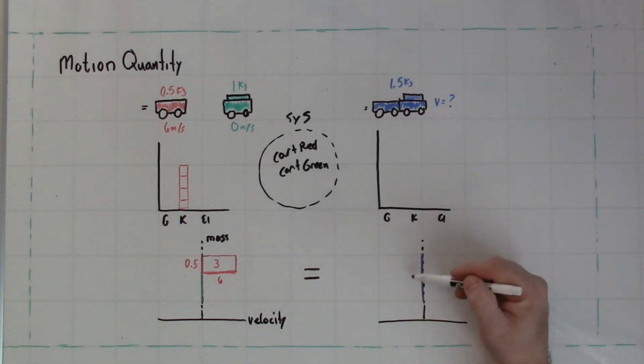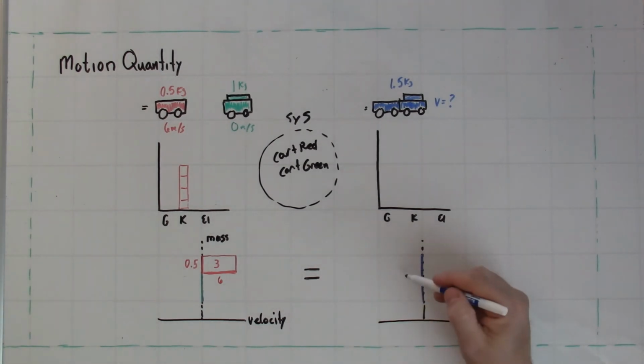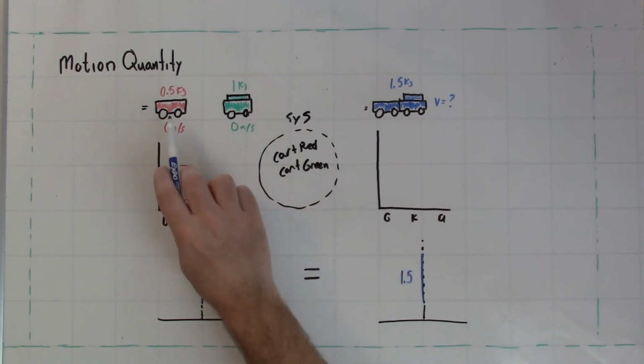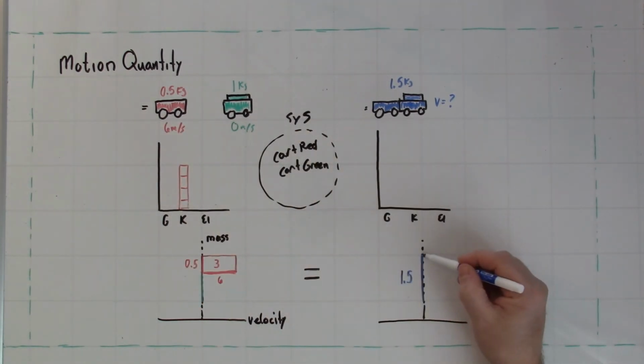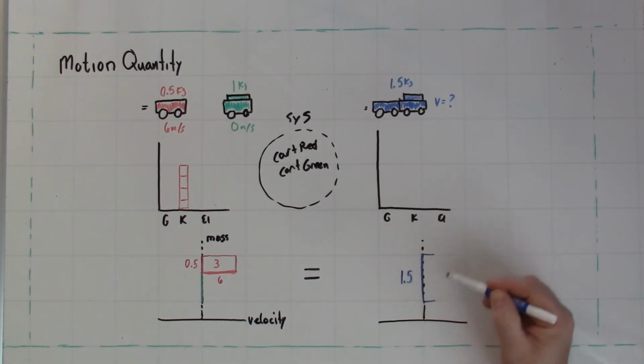But how tall is this one? This is a total of 1.5 kilograms. Now, obviously, we saw this demonstration, it slows down, so it should be less fast.